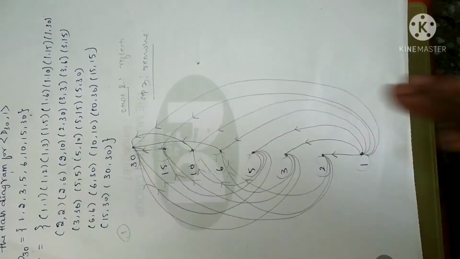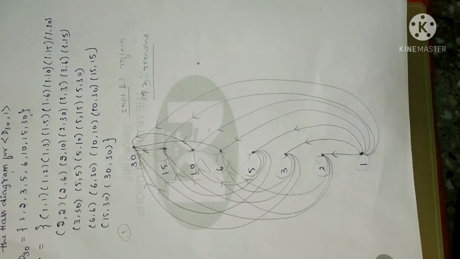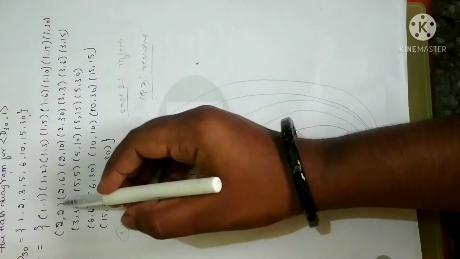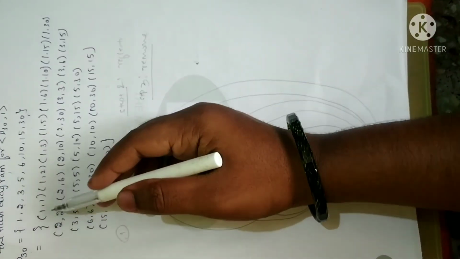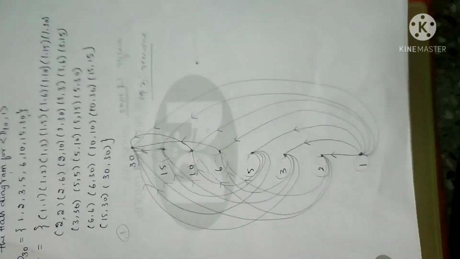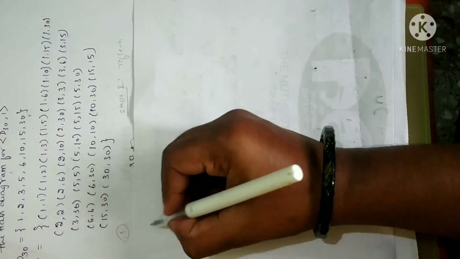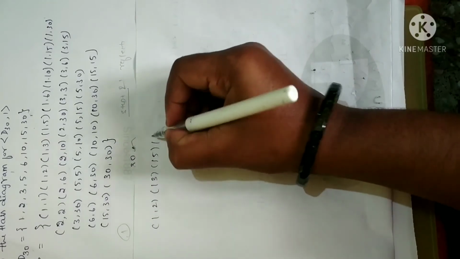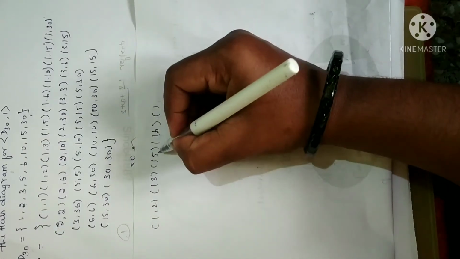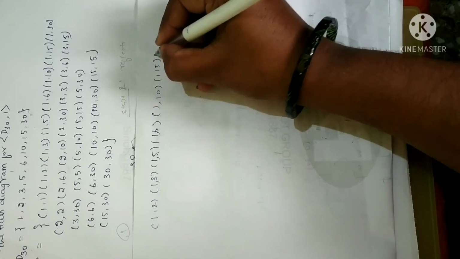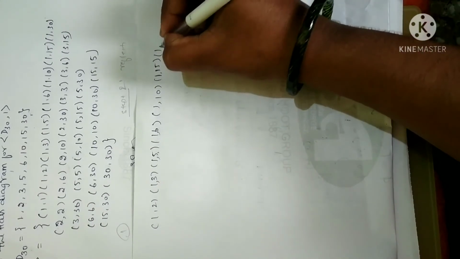Now you have to make a list of transitivity. You just do it separately, or else here itself you can do. See here, apart from the reflexive, identity pairs, make a list of all the elements once again. See here, 1 2, 1 3, 1 5, 1 6, 1 10, 1 15 and 1 30.